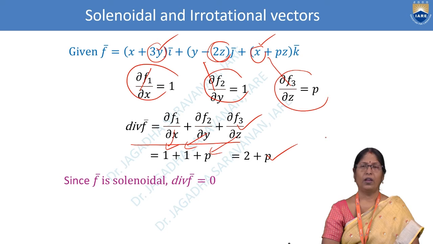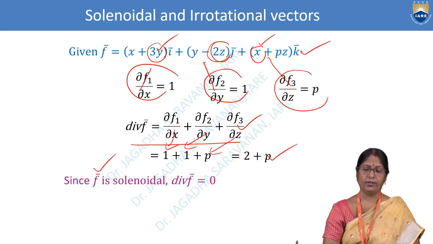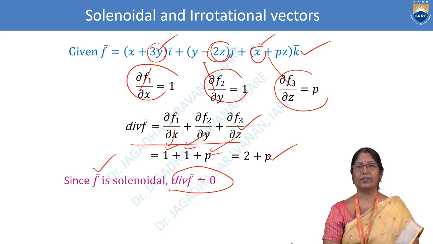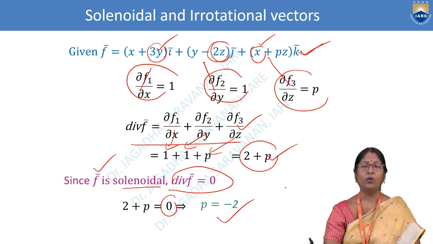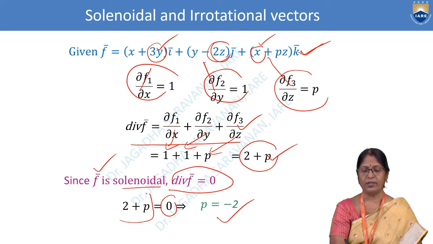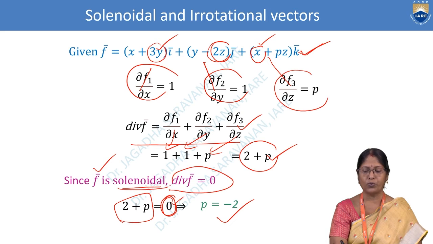The given vector f is solenoidal, and solenoidal means divergent f equals 0, that is the condition. So we put 2 plus p equal to 0, so p equals minus 2. How did we obtain this 0? Because of solenoidal.